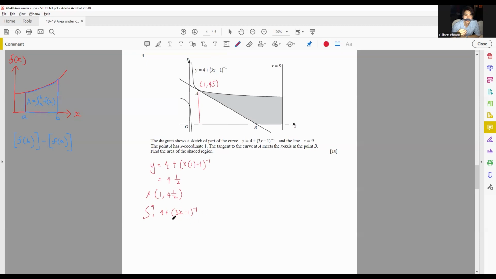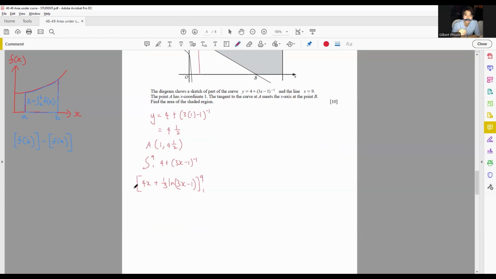So this is naturally going to be a ln equation. Integrating 4, you get 4x plus this becomes ln 3x minus 1. So once again, this is 1 over 3x minus 1, right? But if I differentiate this, I will get a 3 on top. So the multiple here is to times it by 1 over 3. Then between 9 and 1, now we start substituting.